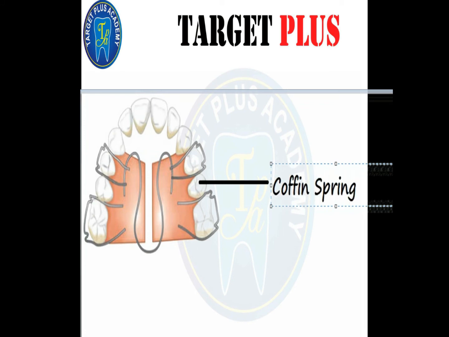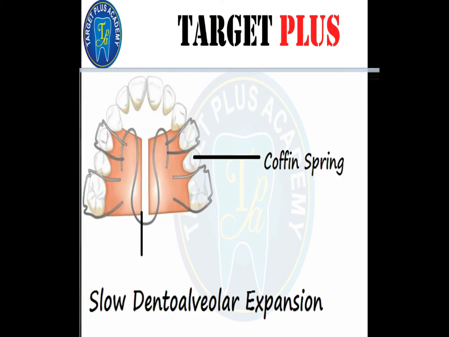Now the coffin spring, this appliance is capable of producing slow expansion. Even though it has been shown to split the palate, especially when it is used in early mixed dentition, it is an ideal appliance to treat unilateral crossbite.